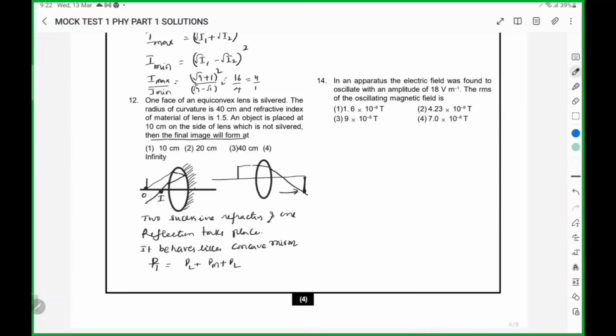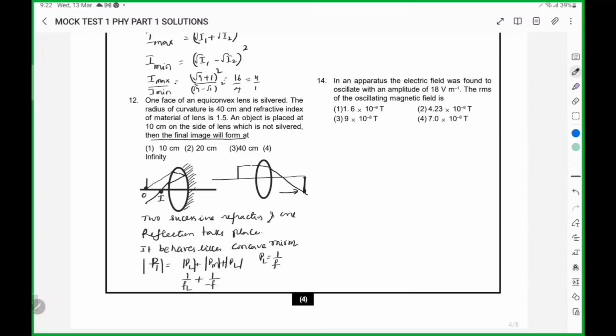So here, the power is the algebraic sum of the powers. Here it is a convex lens, and power is defined as the reciprocal of the focal length. For a convex lens, the focal length is positive. For a concave mirror, the focal length is negative, so the power will be negative.